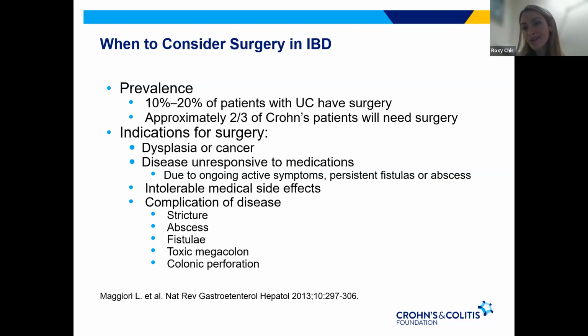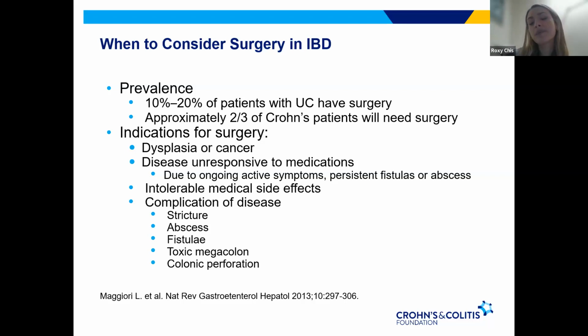When do we refer patients for surgery? Dysplasia or cancer. Dysplasia just means precancerous changes, which is what I was saying we monitor with colonoscopy. If we see that, it used to be that everyone would get their colon out, but now we have very good endoscopic ways of removing any precancerous changes.